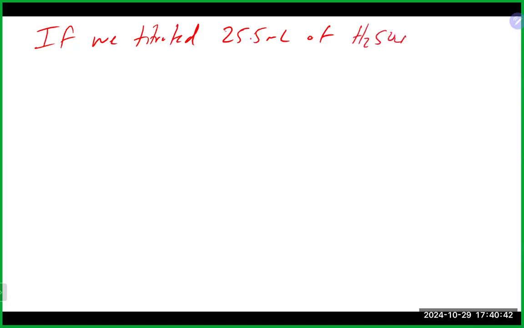All right, so let's take a look at one more titration problem. Let's say we titrated 25.5 milliliters of sulfuric acid with 42 milliliters of 0.225 molar potassium hydroxide.